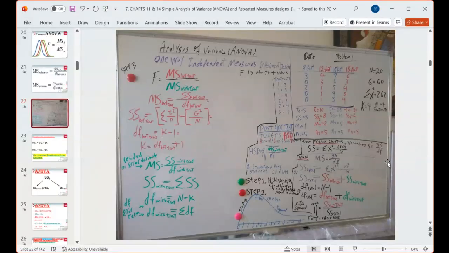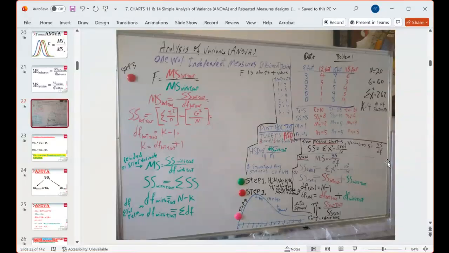Is the difference between group 1 and 2, 1 and 3, 1 and 4, 2 and 3, 2 and 4, or 3 and 4? That's another hypothesis testing, and we're going to use what's called a post hoc test, and we're going to use Tukey, honestly significant, to answer that question.